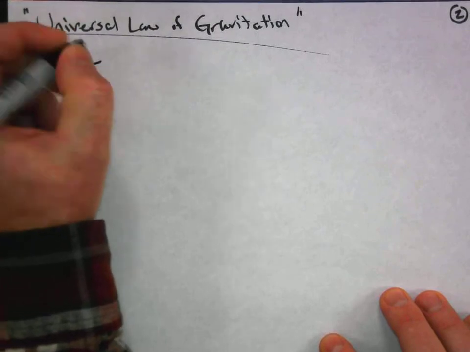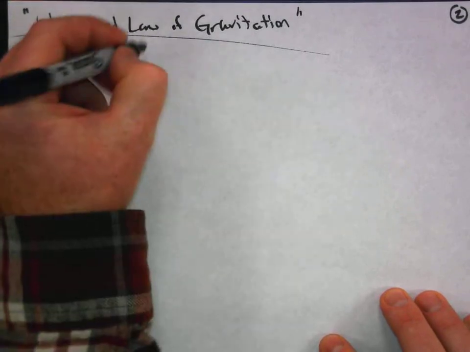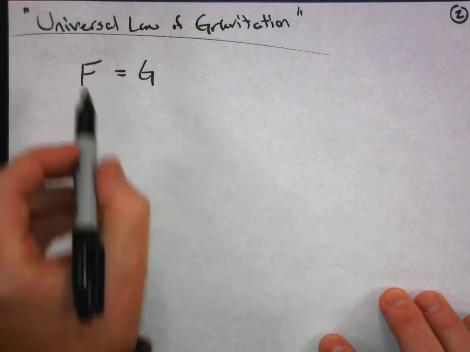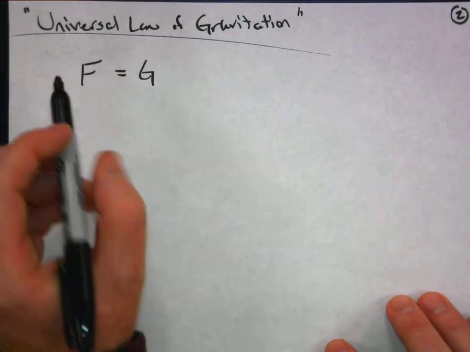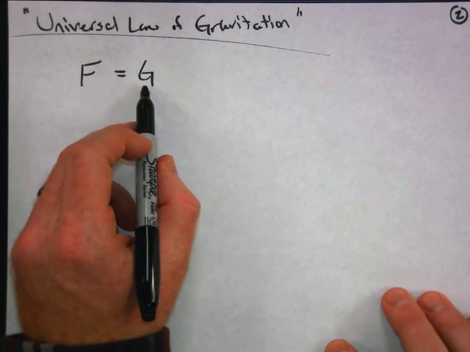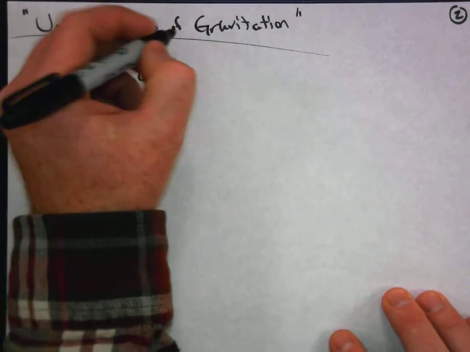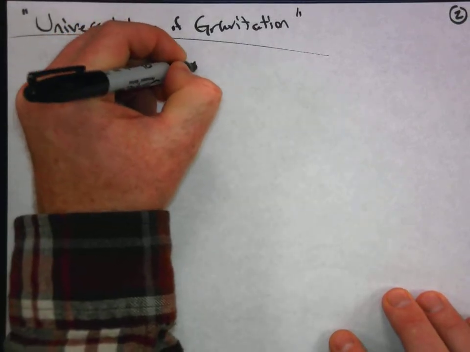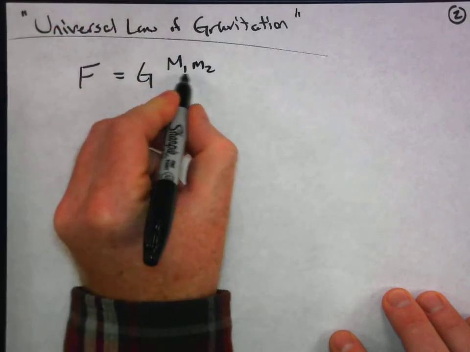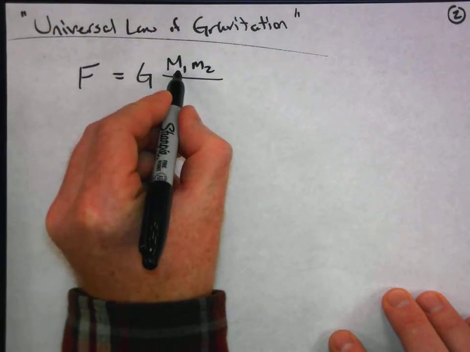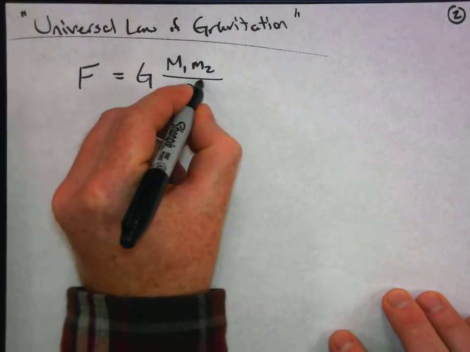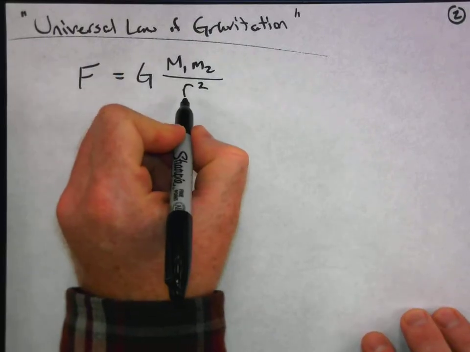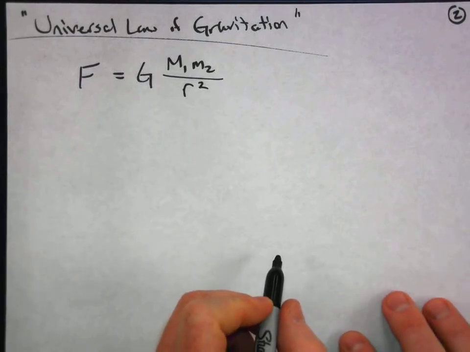The equation is quite important, quite famous. The force of gravity, or a force of attraction, acting on some object, is equal to a quantity, capital G, multiplied by the mass of object 1, multiplied by the mass of object 2, and divided by the radius, or distance, between those two objects.